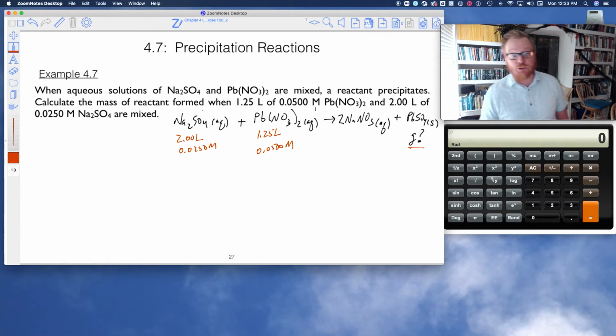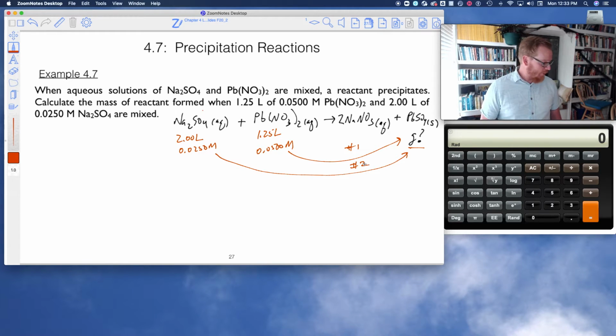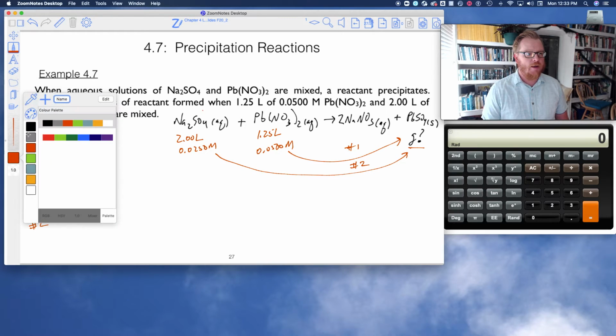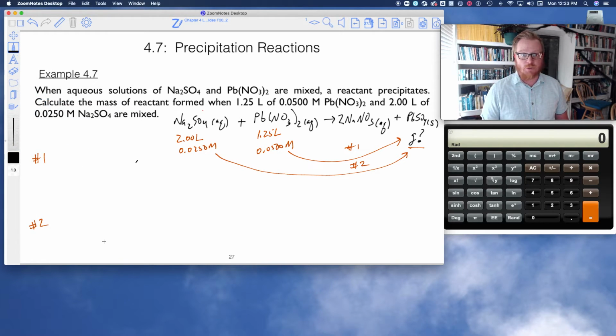And just like my true limiting reagent style, first I'm going to do one calculation, starting with the lead, and then a second calculation, starting with the sulfate. And we remember that the least is the most. So let's get that going. I'm going to say number 1 here, number 2 here, and let's do it.